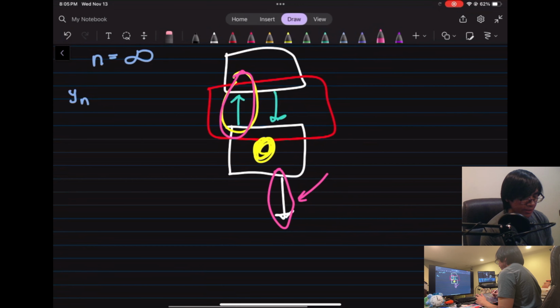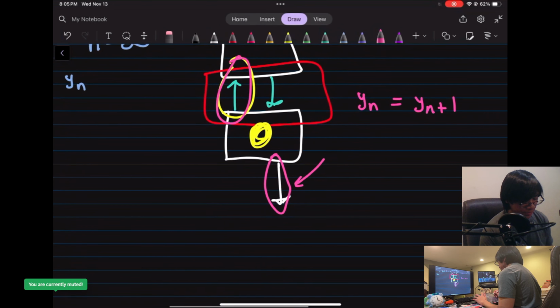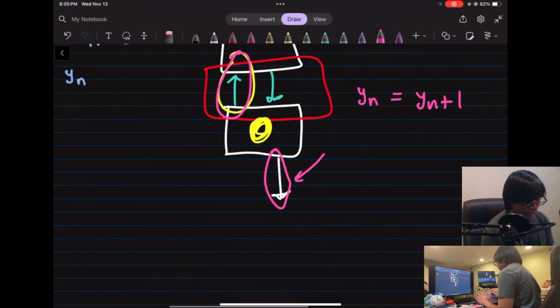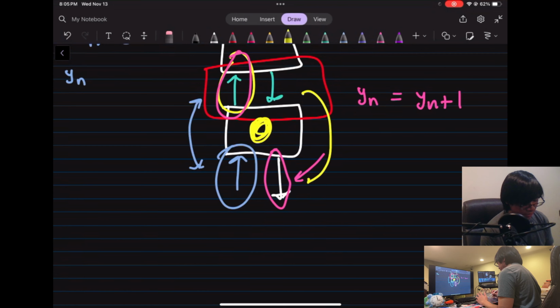So this vapor mole fraction, if this is Yn, is nearly identical to the liquid mole fraction, Yn plus 1. Once we get this liquid mole fraction, this equilibrium here is not different from here. And the same thing would be the case for this liquid stream.